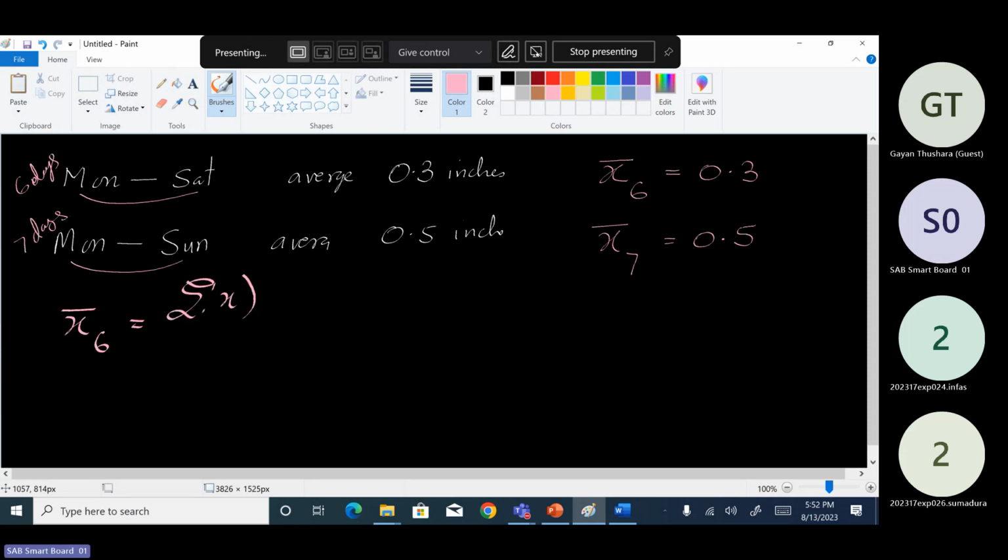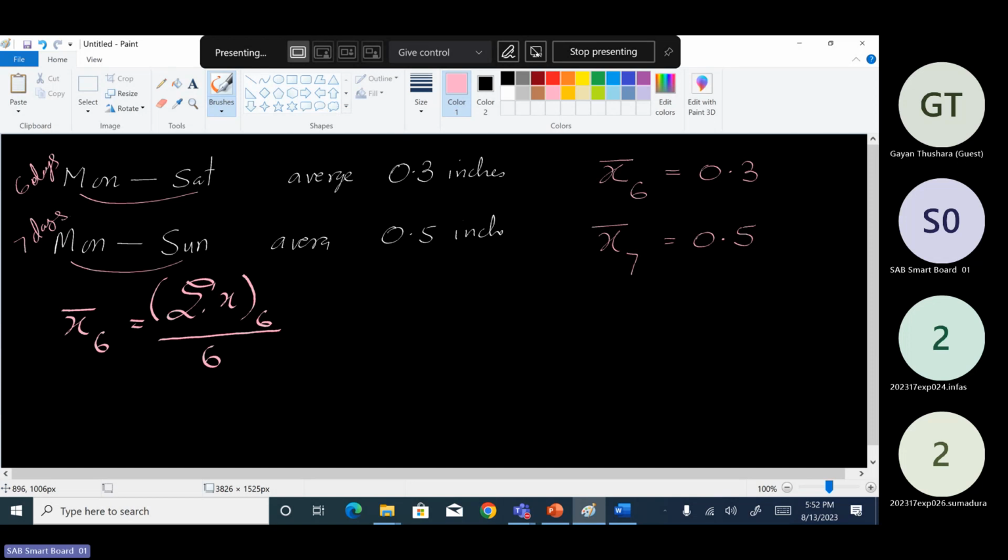Sigma X 6 divided by 6. So total rainfall on the first 6 days divided by 6 would have given them X bar 6, right? Monday to Saturday, total rainfall divided by 6.